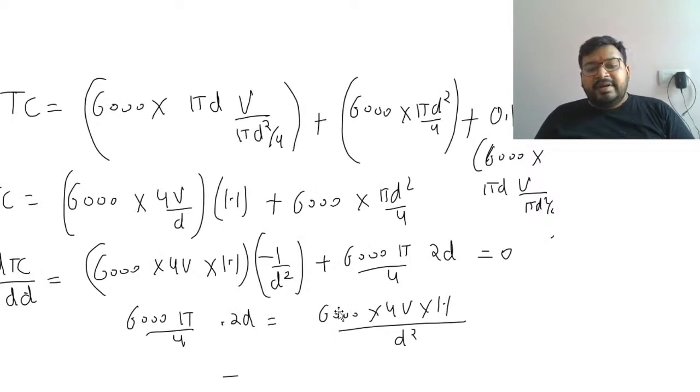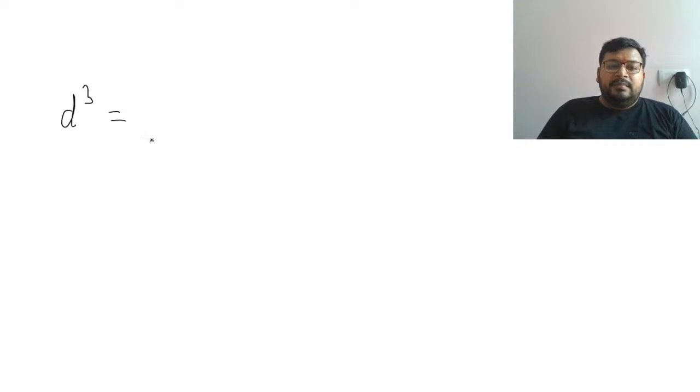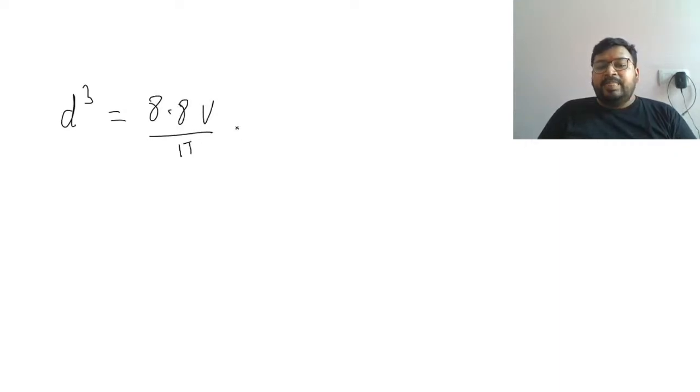Now d cube: 6000 already cancelled out, 2 into 4 has become 8, 8V into 1.1 is 8.8, so 8.8V divided by pi, and we know V is 166.67.